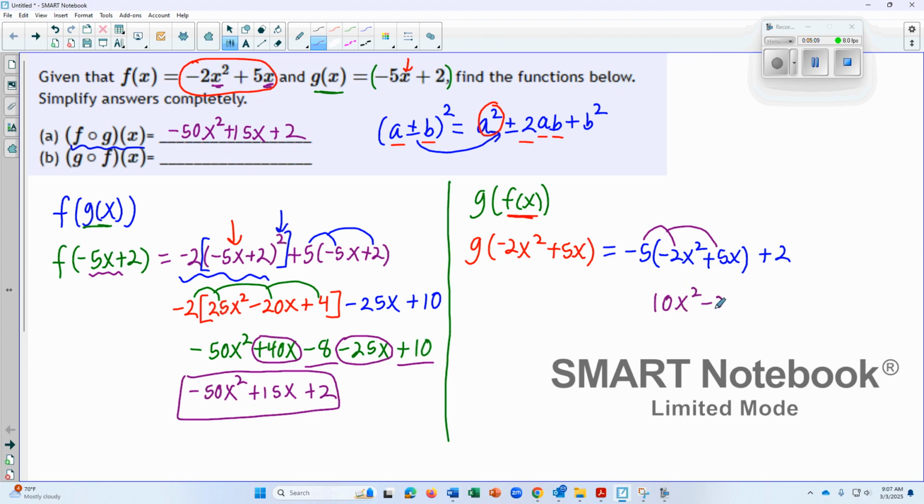That'll become a minus 25x. And then don't distribute it to the plus 2. It just stays plus 2 right there. And that's what we end up with for our second one. So 10x squared minus 25x plus 2.